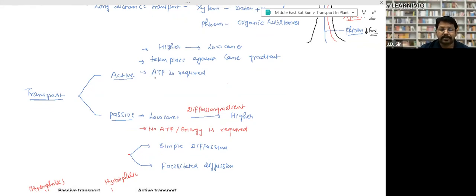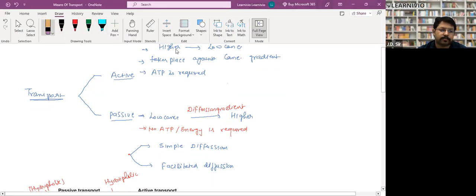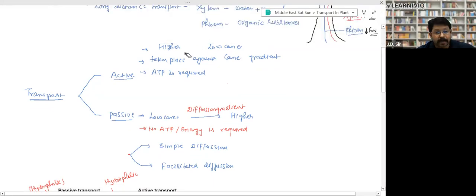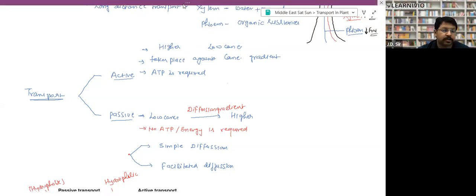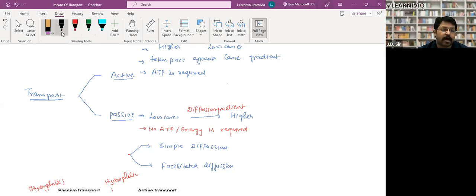Normally, movement of substances takes place from higher to lower concentration.